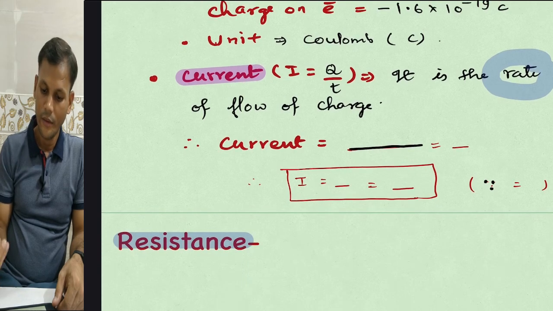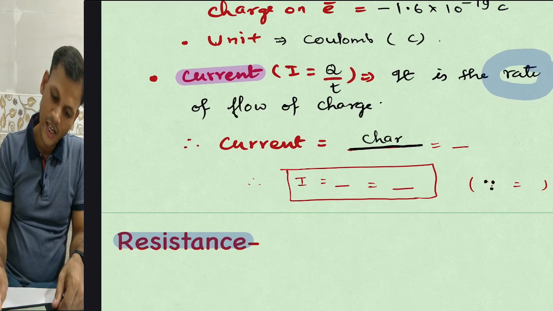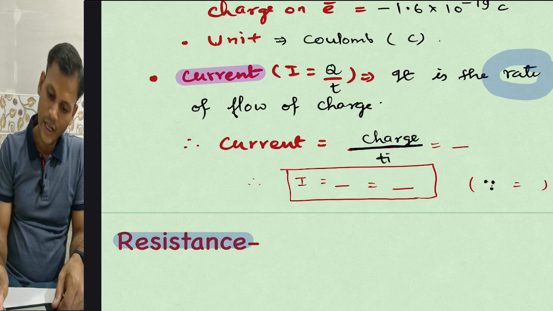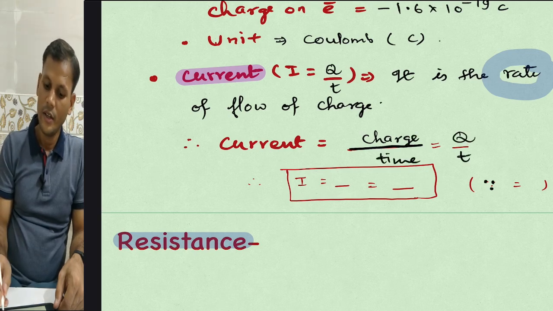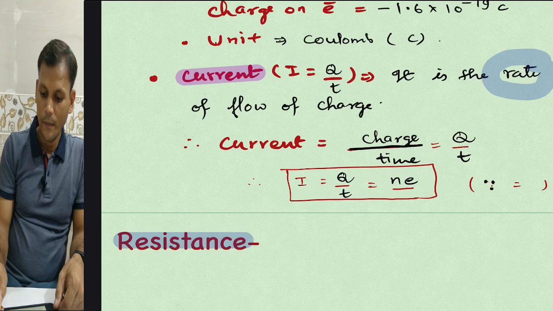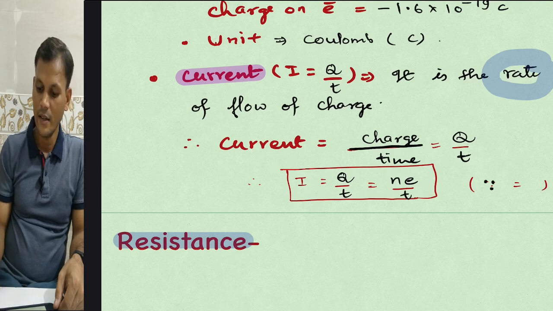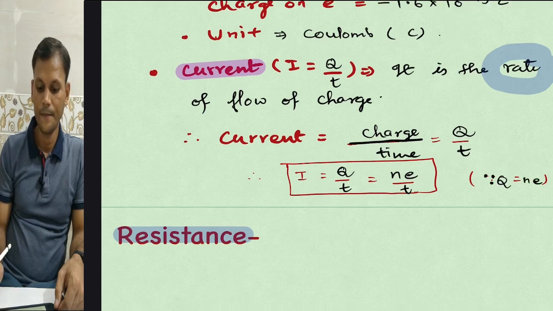And we can write current as charge upon time. Charge is Q, time is t. So I will be Q by t, but Q is Ne, as we said earlier, upon time. So this is the formula for current. Since charge is Ne, we can write it over here.